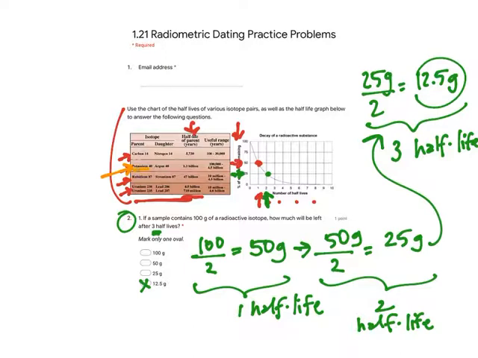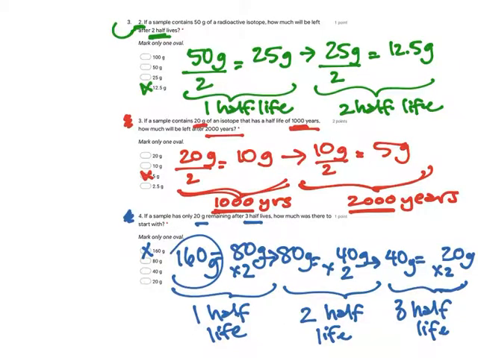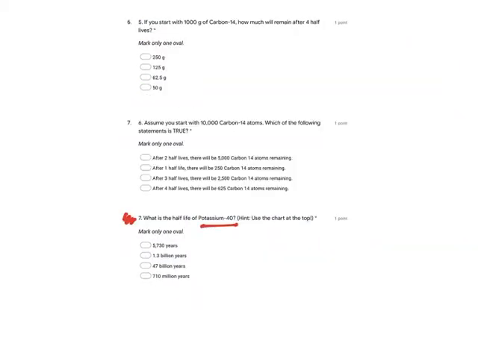Potassium 40 will decay into argon, and the half-life is listed here, 1.3 billion years. So it takes 1.3 billion years for potassium 40 to undergo a half-life. So potassium 40 has a half-life of 1.3 billion years.